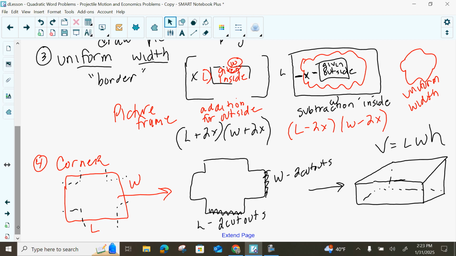So we have our L, we have our W. How much is the H? Listen, I don't want you to stand there and wait, so you're coming over here. How much is my height? Is my height the length? Is my height the width? Is my height the cutout? How much is the flap folding up? The cutout. So the H is the cutout.